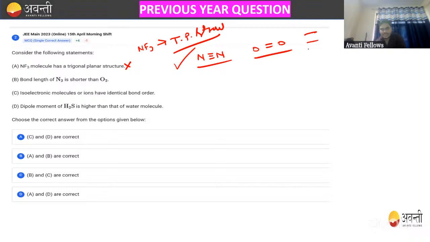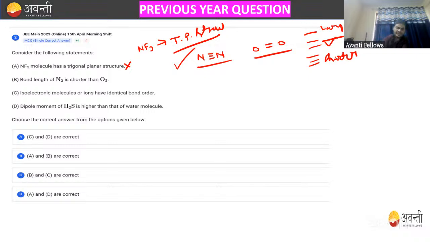Single, double and triple, the triple is the shortest. Single bond is longer compared to double. And if you consider double and triple, then the double bond is larger as compared to the triple bond. So the size of the triple bond is very, very small. Okay, so this is correct.